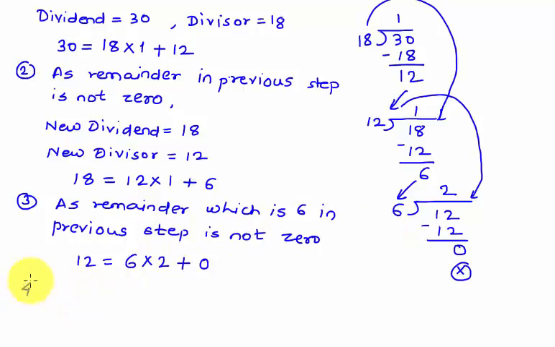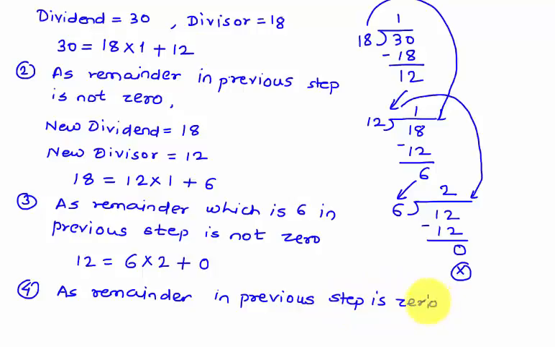So in step 4, as the remainder in the previous step is 0, the divisor will be the SCF.